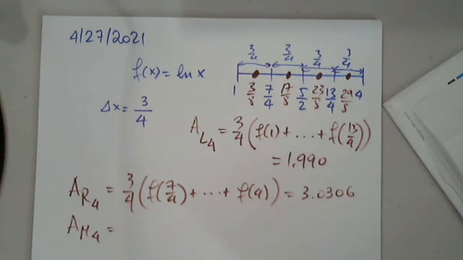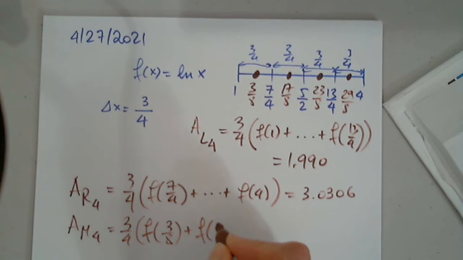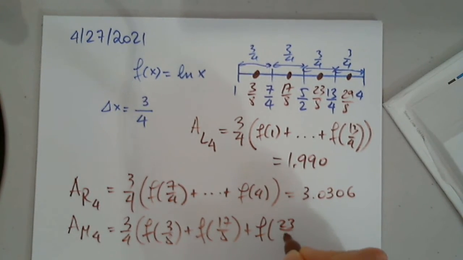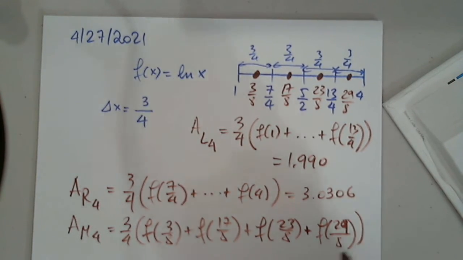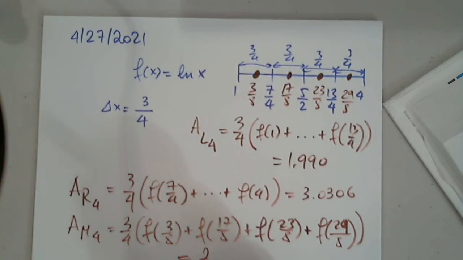And my calculations, so one more time, so this is 3/4, f of 3/8 plus f of 17/8 plus f of 23/8 plus f of 29/8. And my calculations, I got 2.5621.